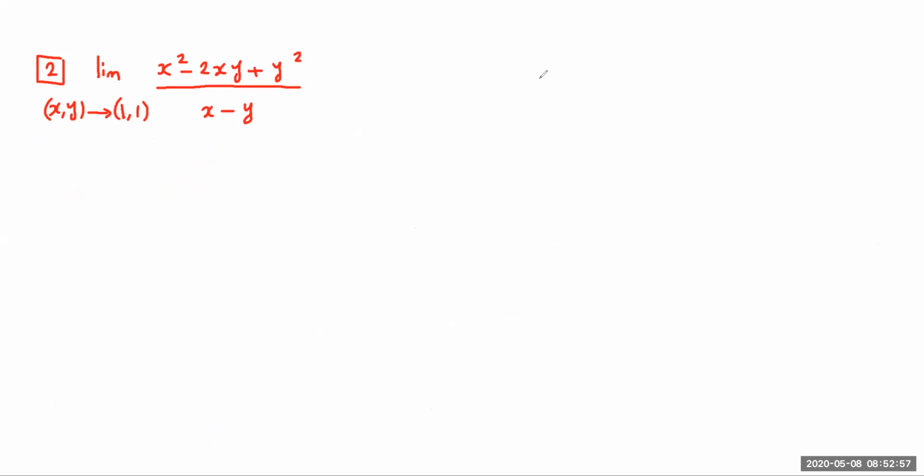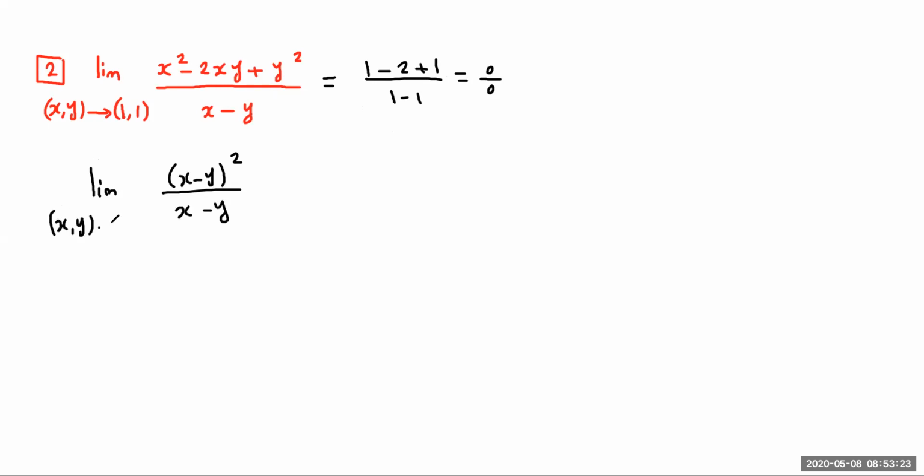So here, if we put instead of x 1 and y 1, it will be 1 minus 2 plus 1 over 1 minus 1, so it's 0 over 0. Okay? So the term up would be written as (x − y)², and down x − y, when (x, y) approaches (1, 1).